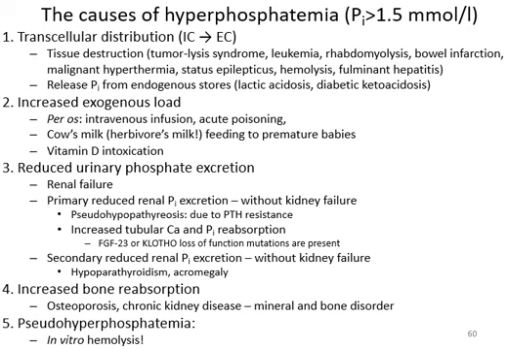In some instances, increased exogenous load can lead to it, for instance vitamin D intoxication or cow's milk feeding to premature babies. That's why cow's milk feeding is not recommended to babies before 1 year. One reason for that.